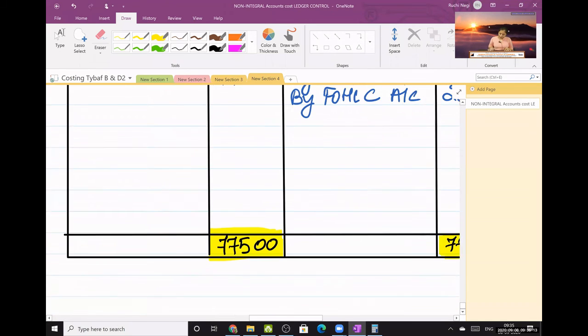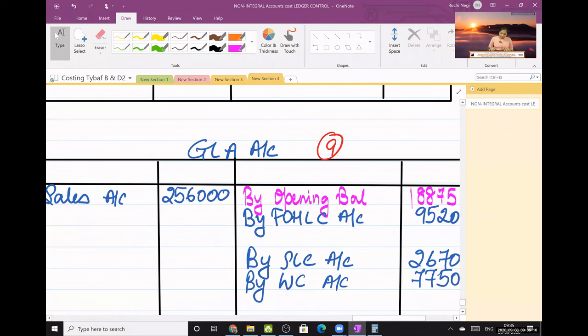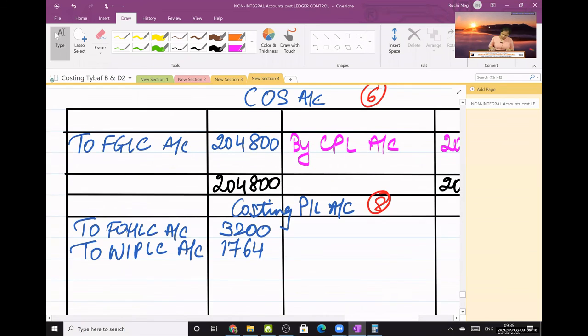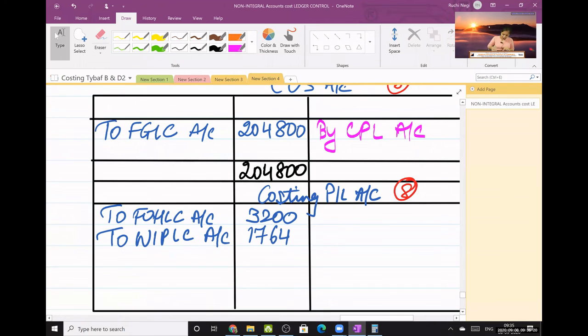With the second effect in CPL. CPL is the second effect. So cost of sales account 2,04,800.